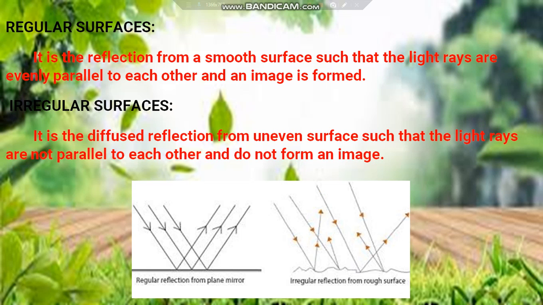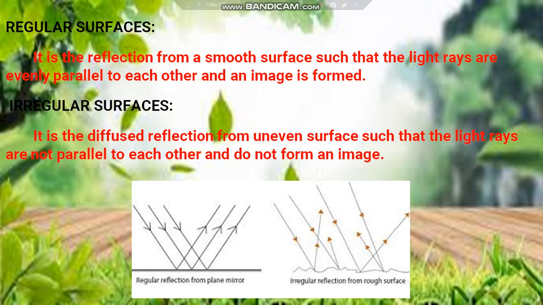However, the surfaces of most of the objects around us are not so smooth. When the rays in a beam of light fall on an object with an uneven surface, that is an irregular surface, they get reflected in different directions, and this is called irregular or diffused reflection, as you can see in the figures.